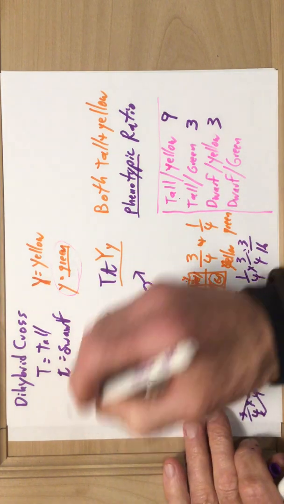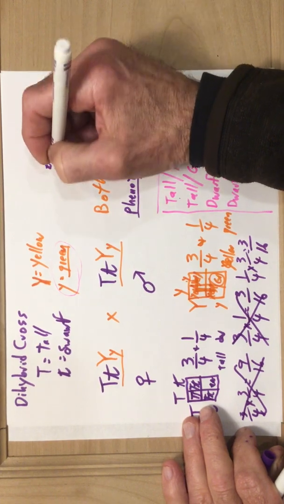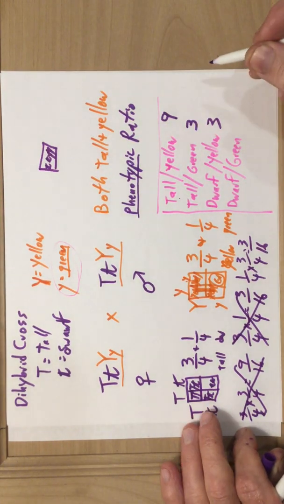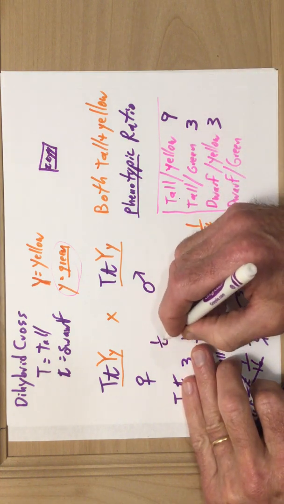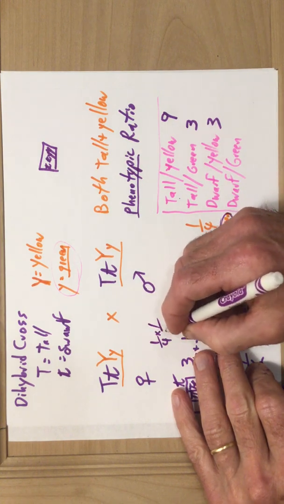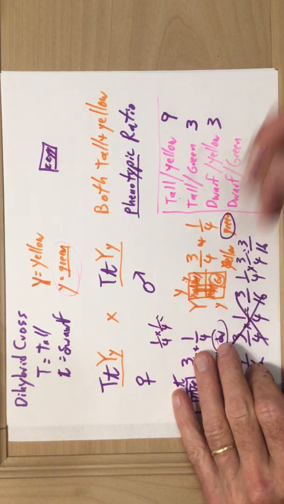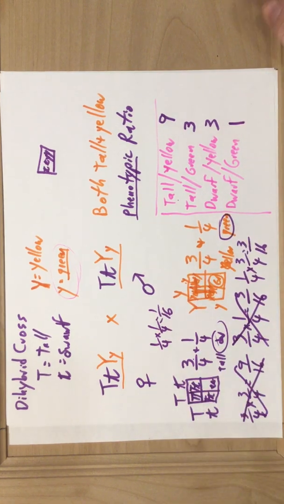You're going to have to get a plant that looks like this: little t, little t, little y, little y. Then you've got that plant. Well, what are the chances of that ever happening? Well, you're going to have a 1/4 of being dwarf and 1/4 of being green, right? So, in other words, there's only going to be a 1 out of 16 chance of that ever happening.